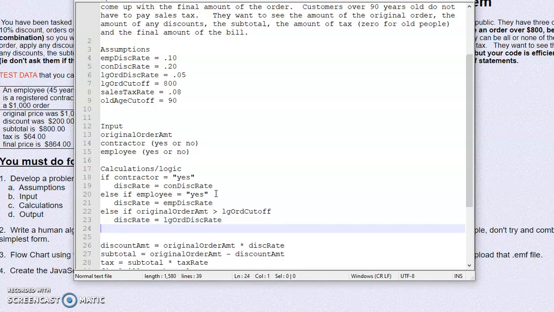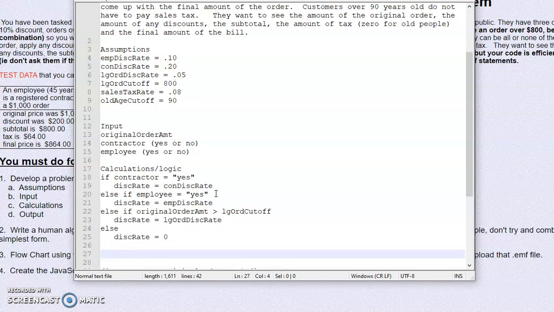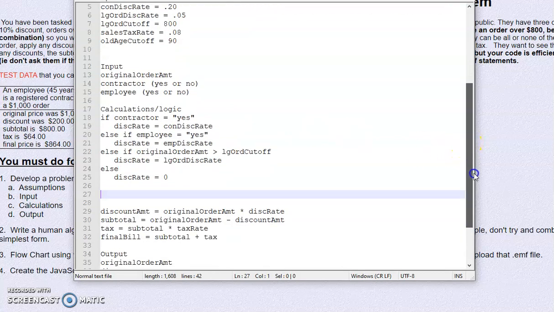But what happens if they don't get any of those? Then it's else disc rate equals 0. And you're probably going, oh my gosh, how can you do that? That's a number. Well, the only numbers we allow inside our calculations logic are 0 or known constants, like 12 inches in a foot, because they never change.